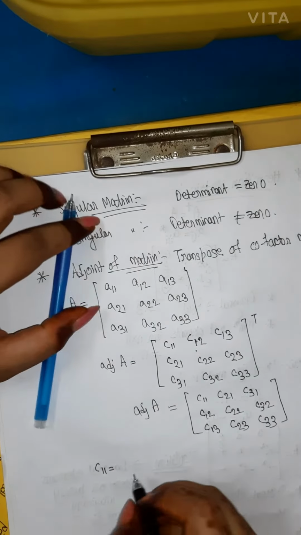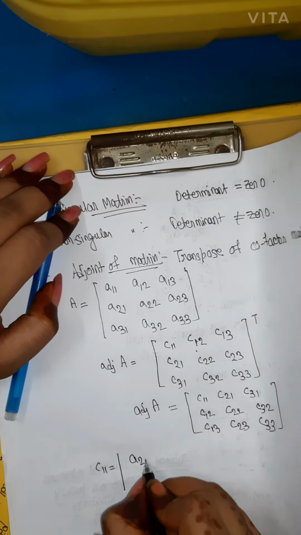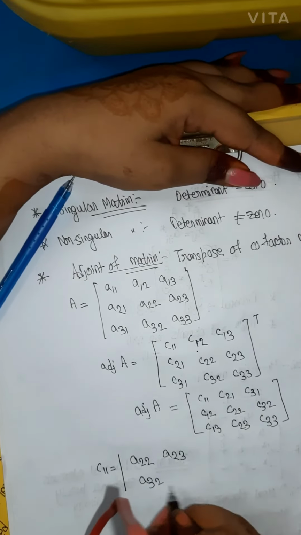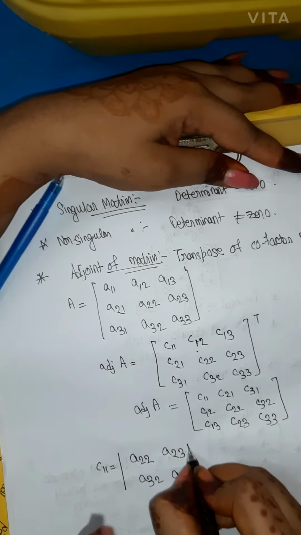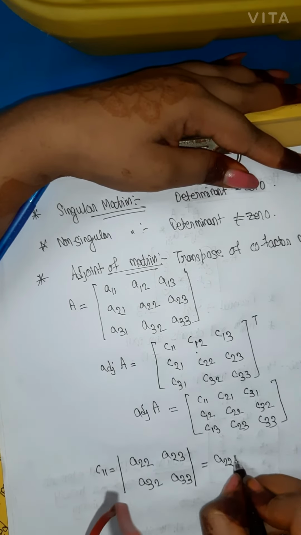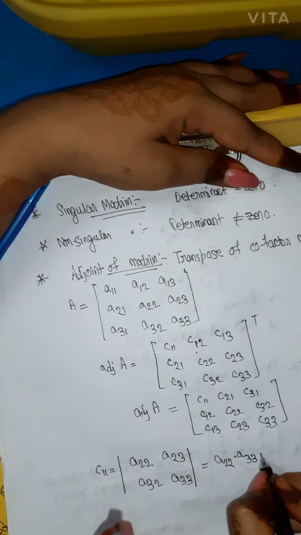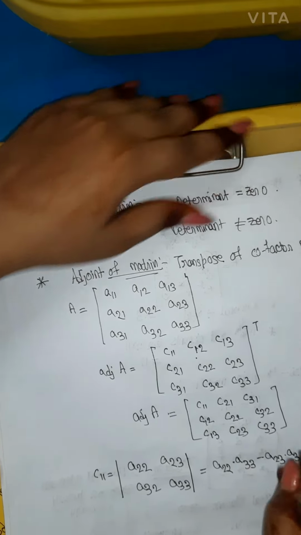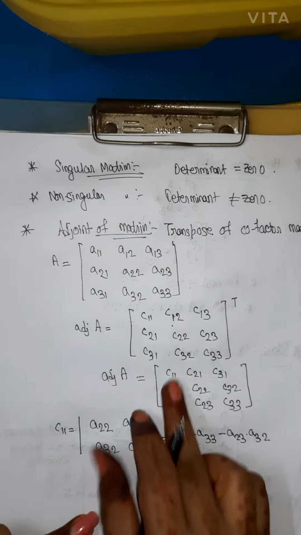So what you will get? A22, A23, A32, A33 determinant. A22 into A33 minus A23 into A32. This is the cofactor term C11.